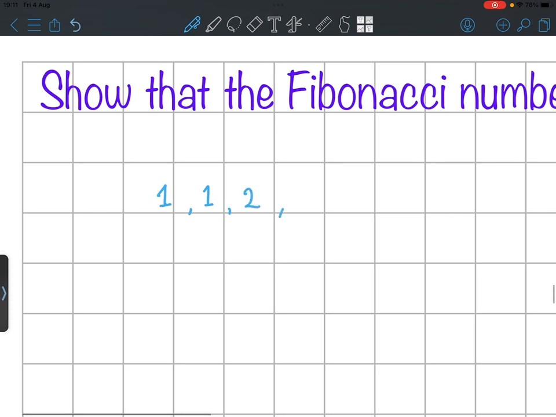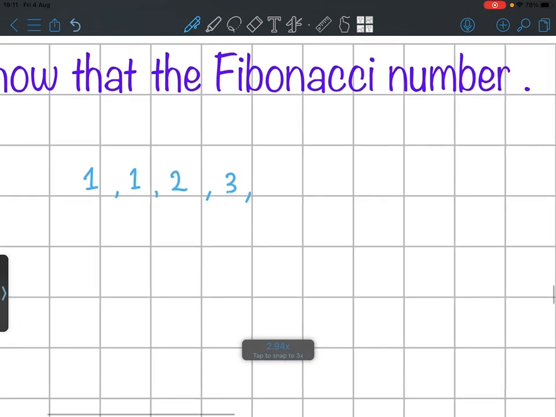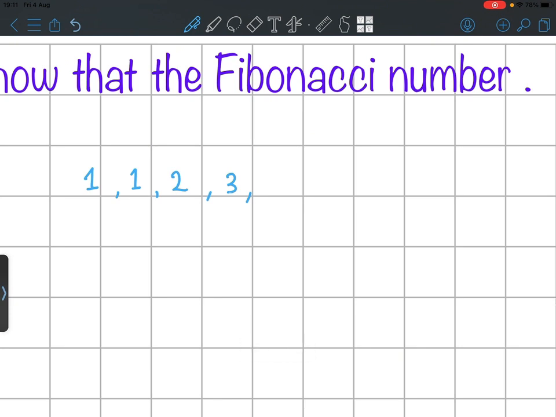Okay, we find the next number again. The current number is 2, the previous number is 1, so 2 plus 1 is 3, and we do this for several terms. So this is 3 plus 2, which is 5.